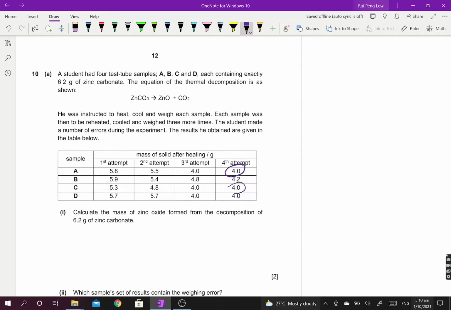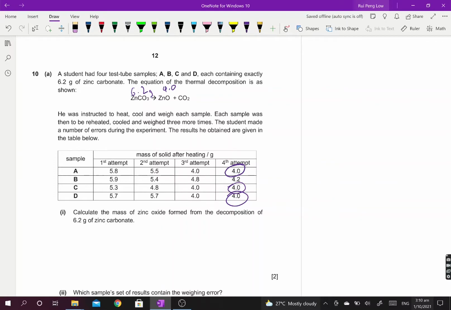Very tempting because you recognize that if I decompose, so let's say I have 6.2 grams here, it will decompose, so some part of the gas will escape. So what is left is 4 grams. So it's very tempting to just put your answer 4.0. And that's where I suspect most people will struggle here. But no, this is not the answer.